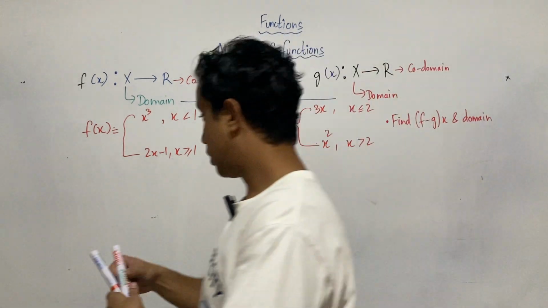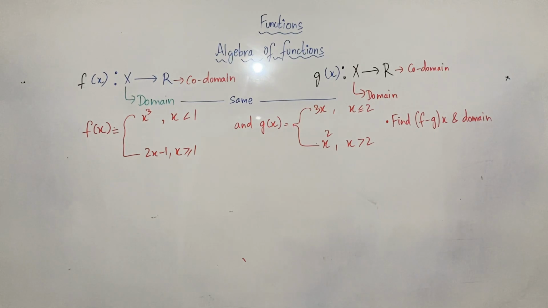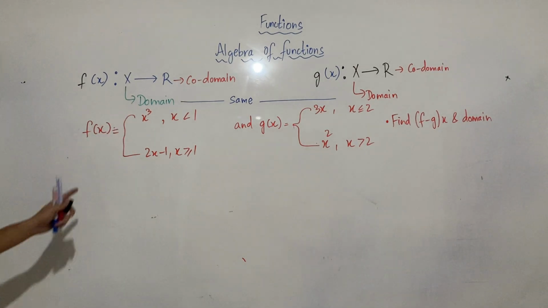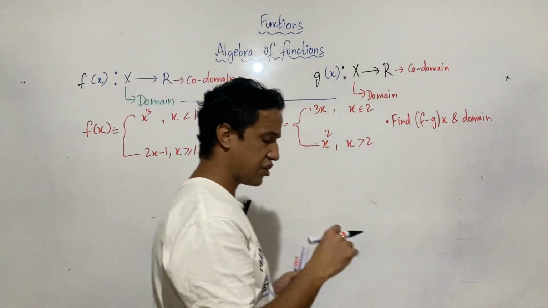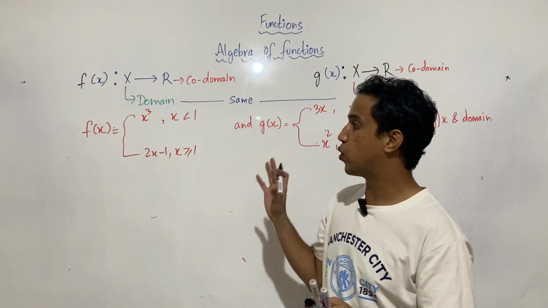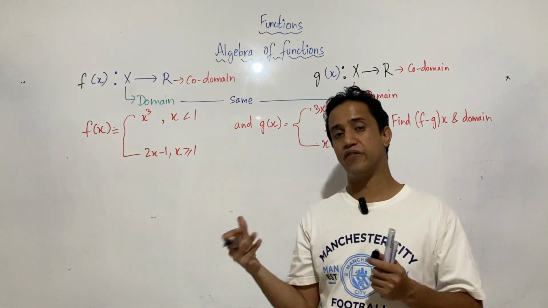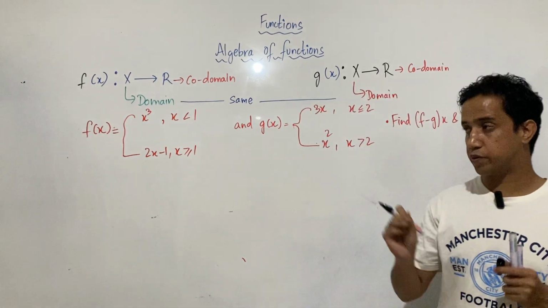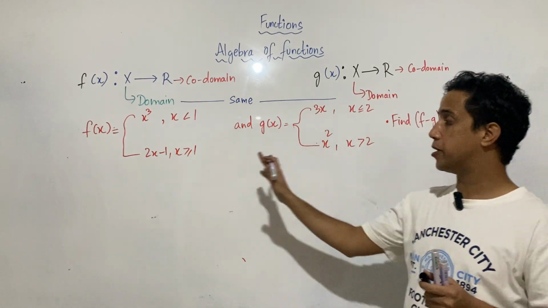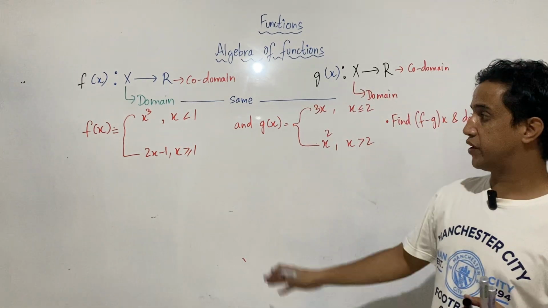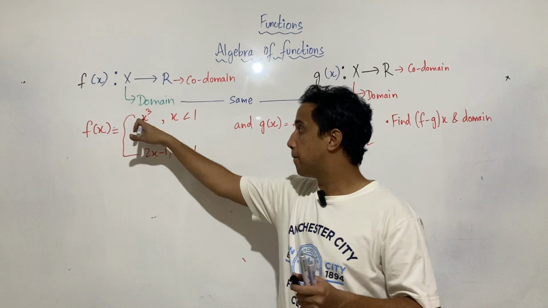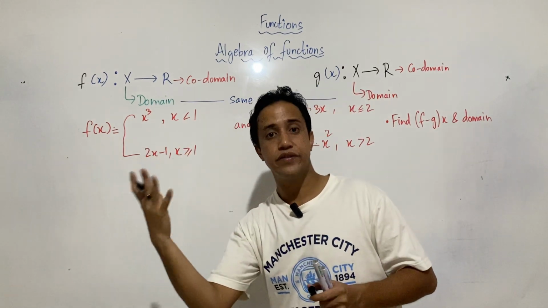Now see here, this function f(x) has two definitions, right? It has two pieces. Remember, in the previous session we spoke about piecewise functions, and the reason we did that is because our next session was about how to perform algebraic operations on functions. So here it has two pieces, and each piece has its own definition.